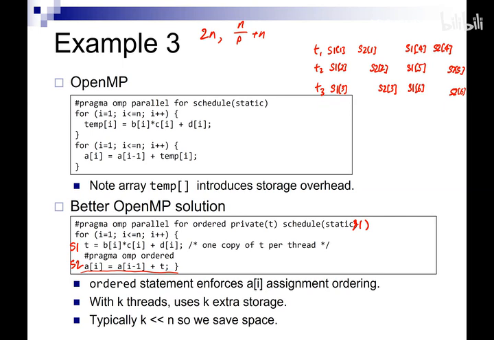Now, if you do it differently, if you just have a static assignment, then it's going to give the first chunk of iterations, let's say the first 10 iterations, all to T1. Then it's going to give the next 10 iterations to T2, and then the next 10 to T3.